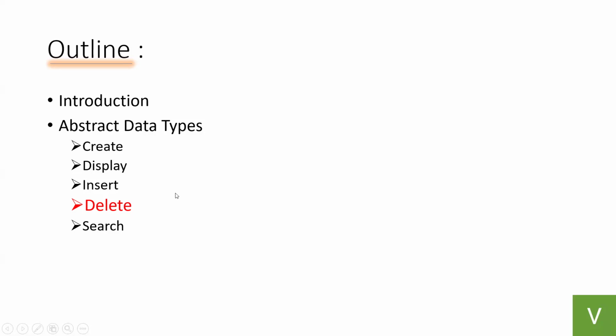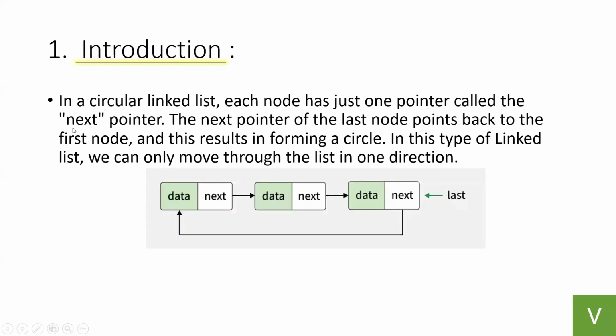Okay, now let us see what is meant by a circular linked list. In a circular linked list, there will be nodes where each node has two different fields. One is the data field and the second one is the address field. The data field can be of any format like integer, string, character, etc. It acts as an input variable. The second one is the address field.